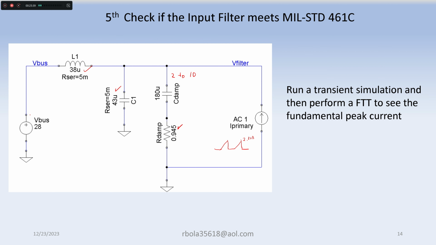And what we're going to do is measure the current going through this current, which is supposed to be the primary, and then we measure the current that goes through that voltage source. We're going to measure this, and that will be your bus. And then you will take an FFT and see the fundamental and see if it meets the 431.